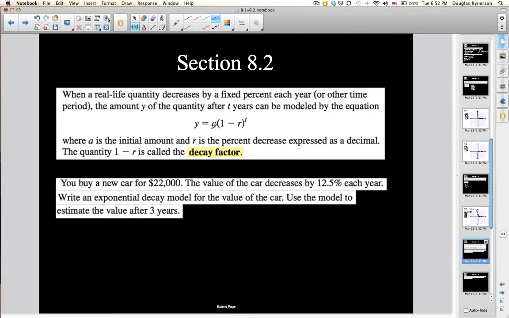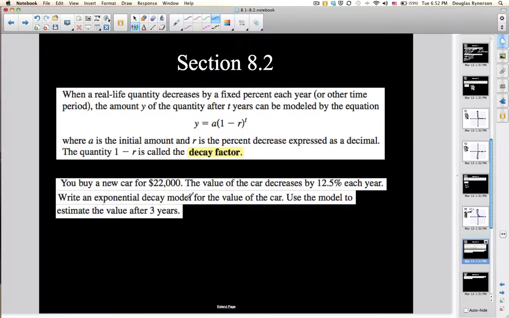We have the same sort of formula that we had before. The only thing that's changed is where we had a plus in the parentheses, now we have a minus, because the rate is decreasing the value instead of increasing it. This quantity in the parentheses is called the decay factor. The item in parentheses in the other function was called the growth factor.